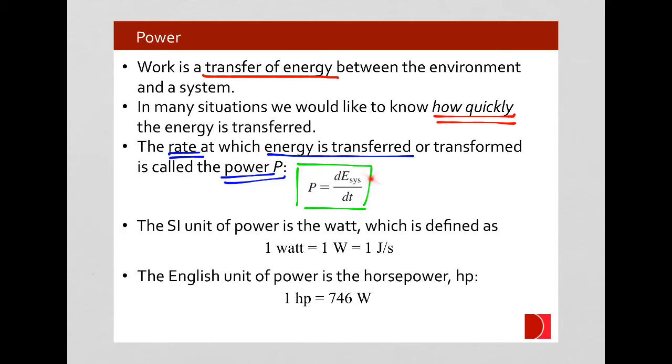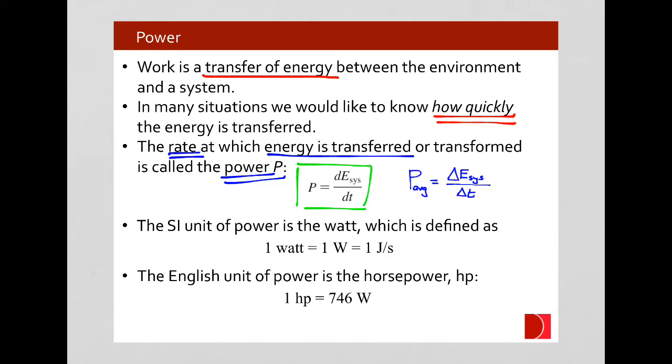Also, to say this is the instantaneous power, the instantaneous energy being added to or taken from a system. What we'll also see, similarly to what we saw for velocity and acceleration, is an average power, which is looking at the total change in energy of the system divided by the total time that that change in energy requires.